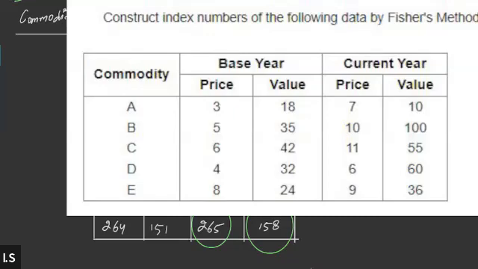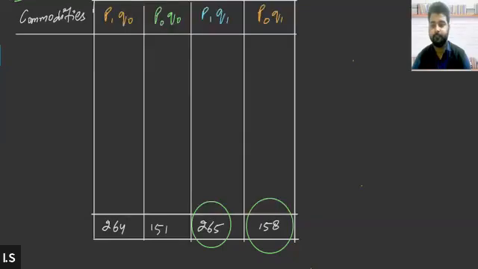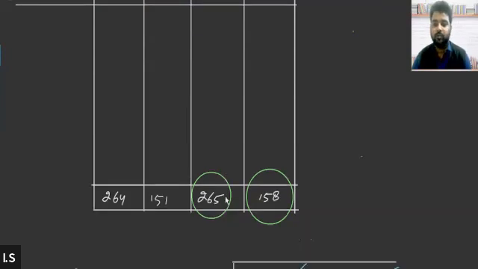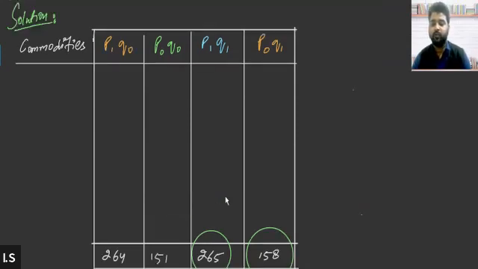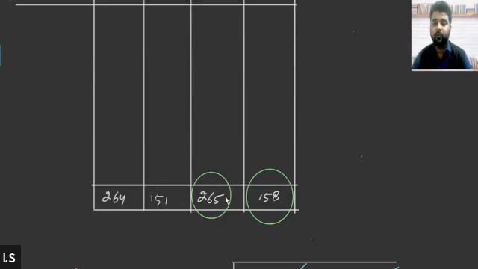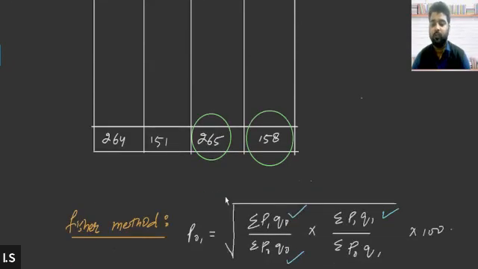Okay, sir, so this is why the difference is arising. Your answer should be the summation, with P1Q1 as 265 and P0Q1 as 158. After calculating this, you will simply put the value into this formula and then find out the answer.